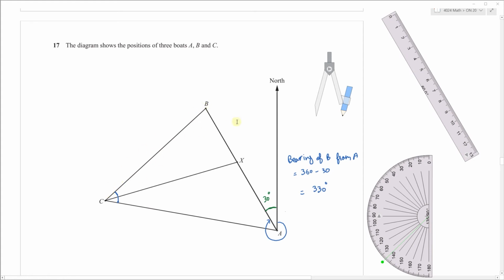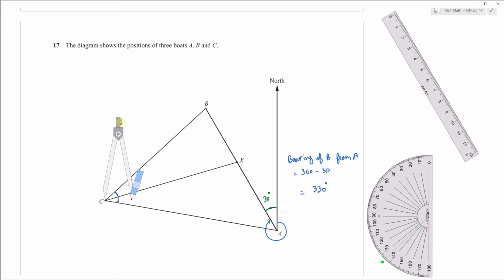To draw the perpendicular line bisector, I will center my compass here at C, and I have to make sure that I open up my compass more than half the length of the line. So more than half the length would be this much, and then I'll draw two arcs on both sides of my line BC.